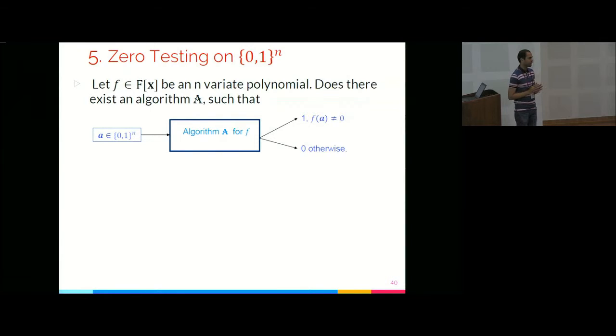The question is as follows. Again, you have an n-variate polynomial F, and you want to check if there exists an algorithm A which takes a point from the Boolean hypercube and decides whether the evaluation of F at that point is non-zero or not.